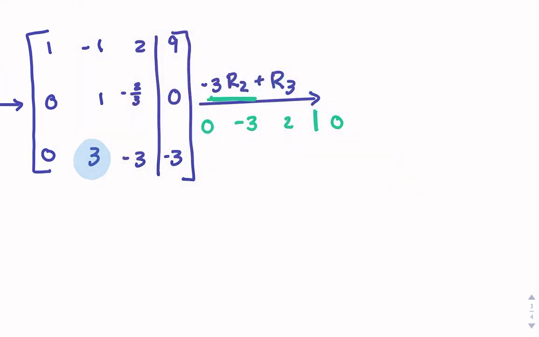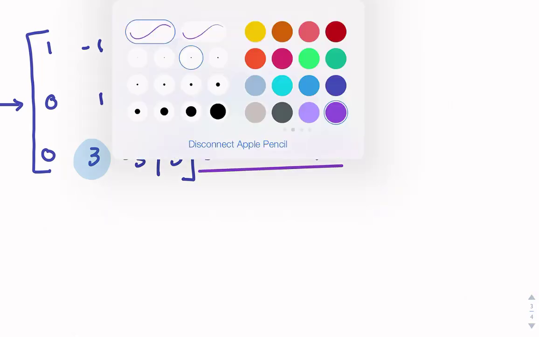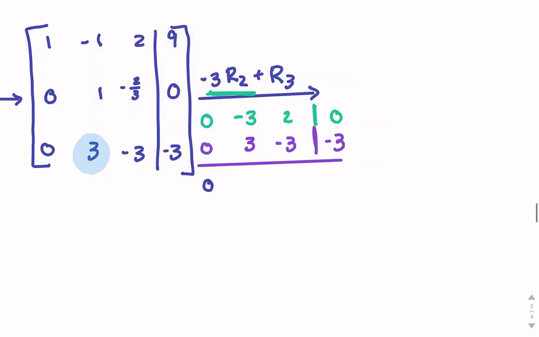So then what I do is I add that to row 3. So I'm going to rewrite row 3 here. And then I'm going to add it. So my new row 3 is going to be 0, 0, which I wanted. So good job to me. 2 plus -1, which is -1. And then 0 plus -3, which is -3.